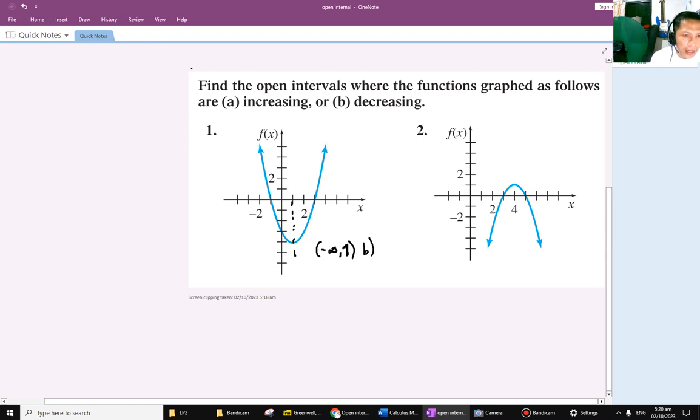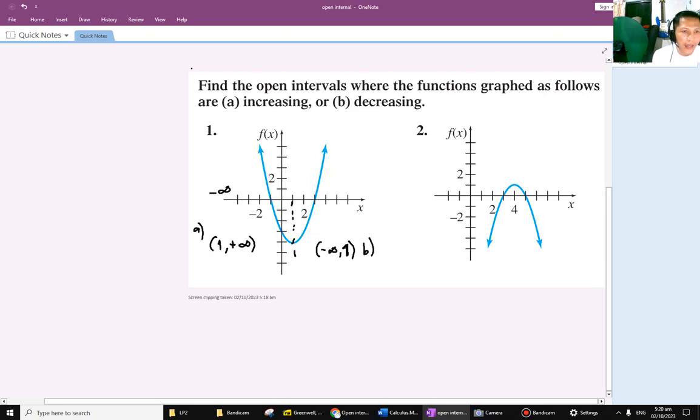A decreasing interval from negative infinity to 1. While for the increasing part, letter A, the answer would be an open interval from 1 up to positive infinity. Since it's infinity, you have to put the positive.